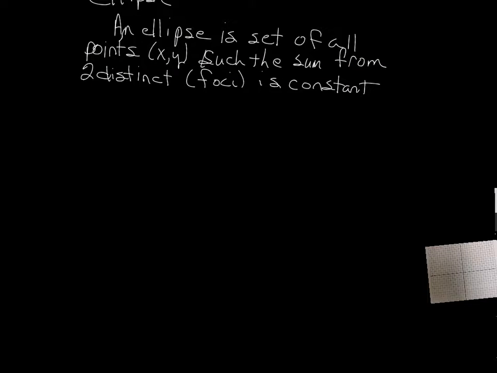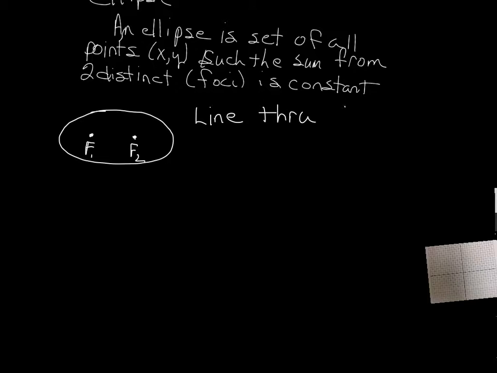This is not as pretty as the ellipse that was drawn on the YouTube, but there's an ellipse, and if these are the foci, the line that goes through the foci intersects the ellipse at the vertices.